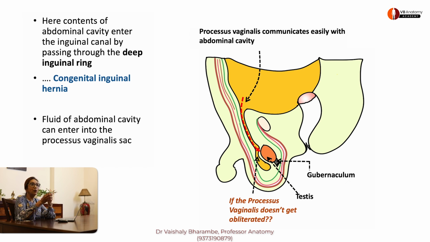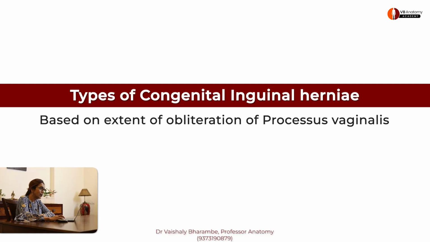Or the fluid of the abdomen can enter through this processus vaginalis tube, resulting in collection of fluid in the scrotum, causing hydrocele. So when the processus vaginalis remains unobliterated, it can result in congenital hernia, it can result in hydrocele. Okay? So what are the types of inguinal hernia?